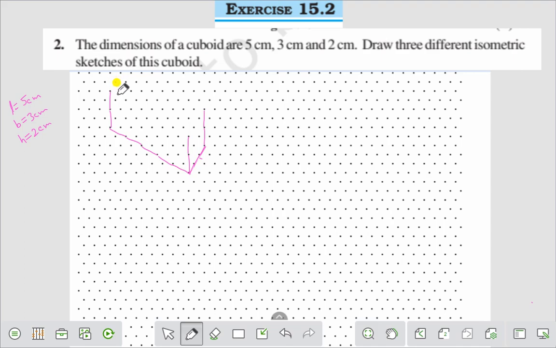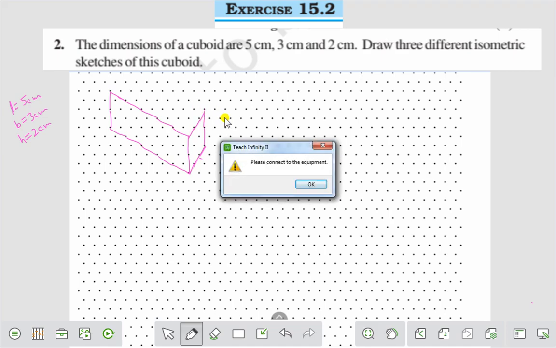From here, let us take 1, 2, 3, 4 and 5. Right? Now also take this one 2 unit. That is 1, 3 unit. 1, 2 and 3. Right?